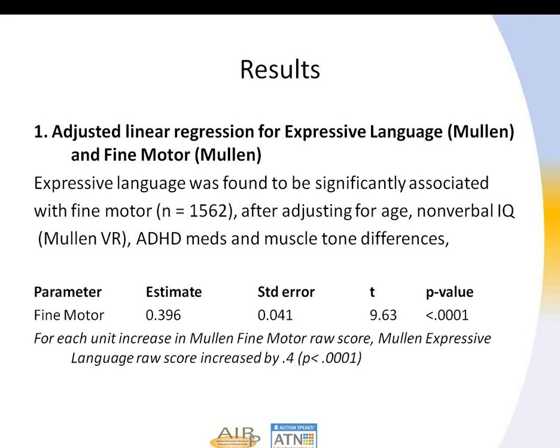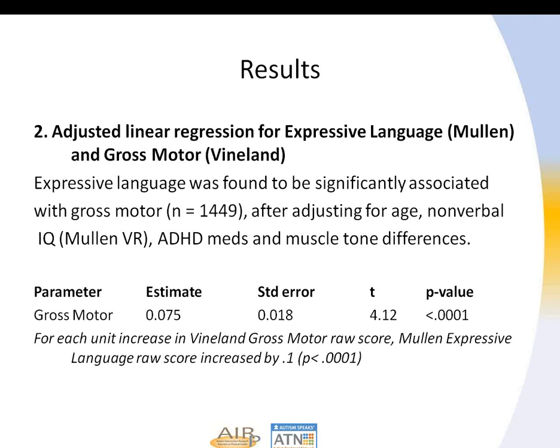At the bottom of the slide, it's summarized as: for each unit increase in fine motor score, the Mullen expressive language score increased by 0.4, and this was statistically significant. So in a nutshell, a significant relationship between expressive language and fine motor abilities.